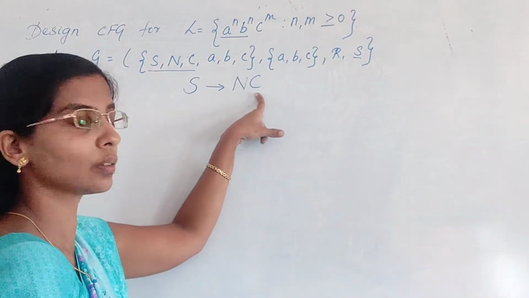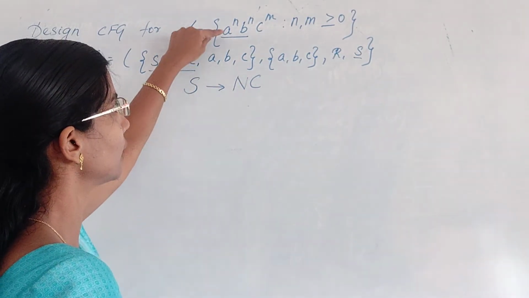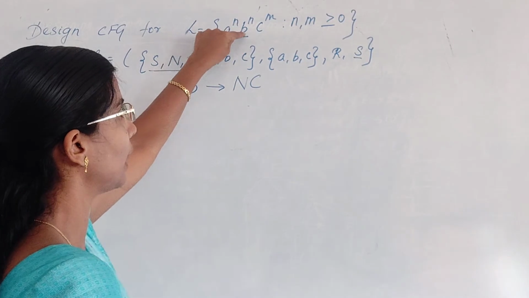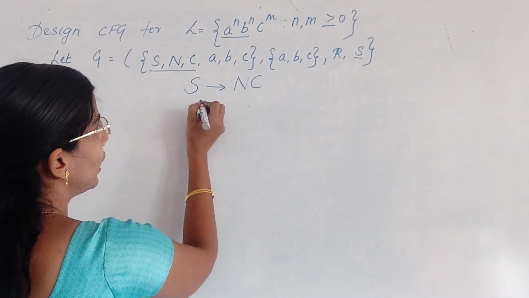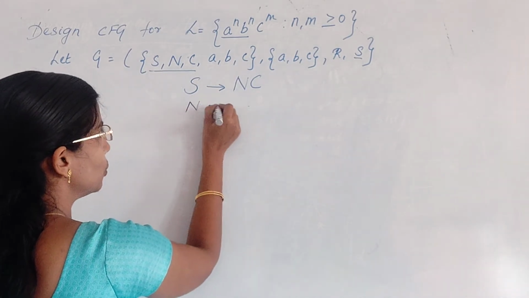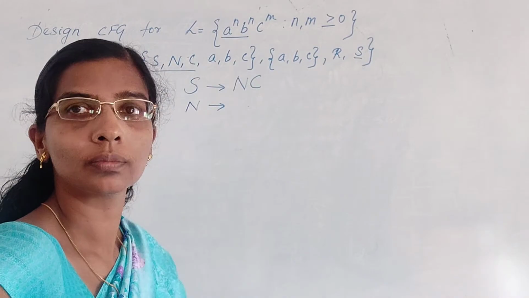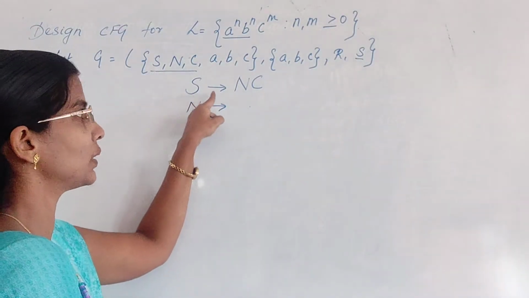Two regions. Okay. So with these two regions, what should I derive? I should derive A and B. Right? So, how will I write my next production? N tends to, how I wrote this first production?